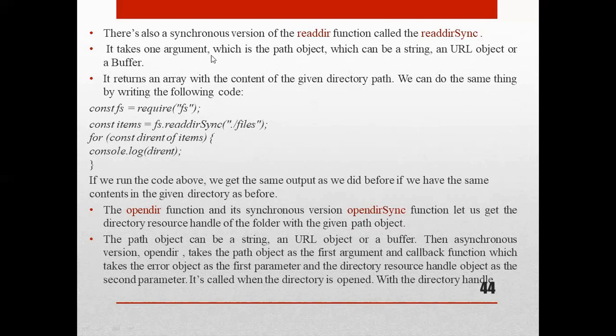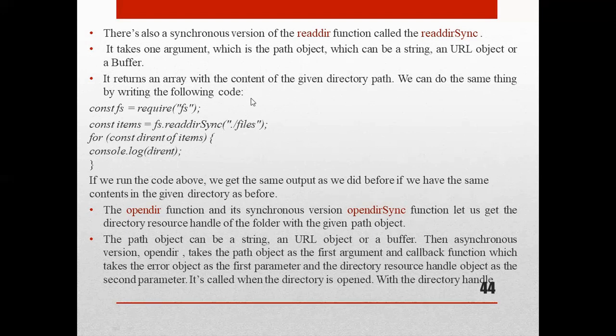It takes one argument, that is the path object, which can be a string, URL object, or a buffer. Okay, so it returns an array with the content of the given directory path.